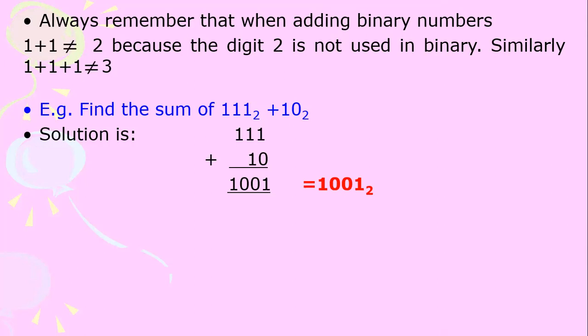Then on the next column, we have 1 plus 1. 1 plus 1, according to the rules of binary addition, gives us 0 carry 1. So we note down our 0, and then we carry our 1.